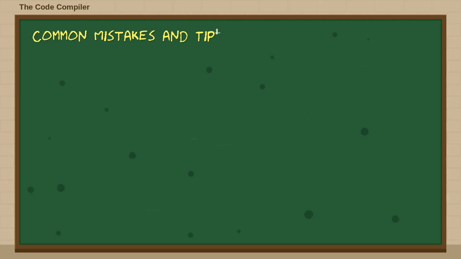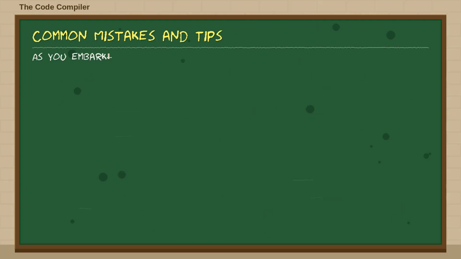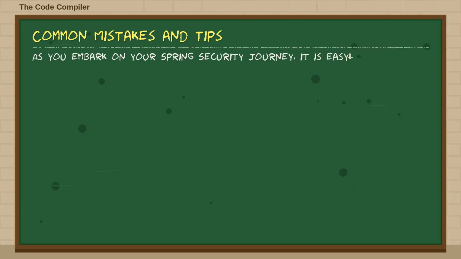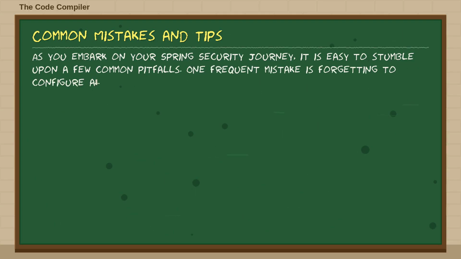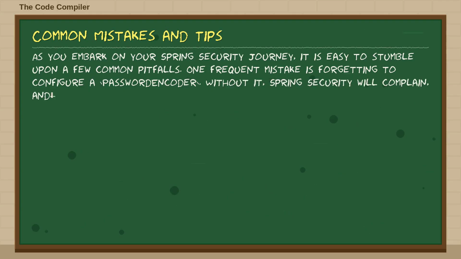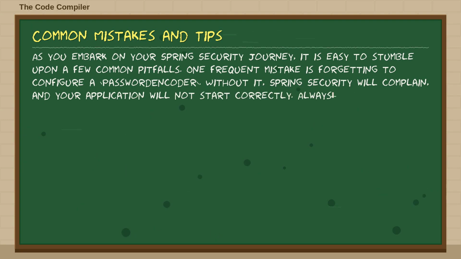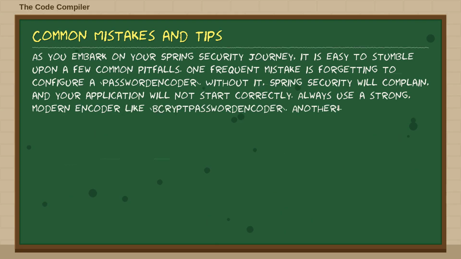As you embark on your Spring Security journey, it is easy to stumble upon a few common pitfalls. One frequent mistake is forgetting to configure a password encoder. Without it, Spring Security will complain, and your application will not start correctly. Always use a strong, modern encoder like BCryptPasswordEncoder.